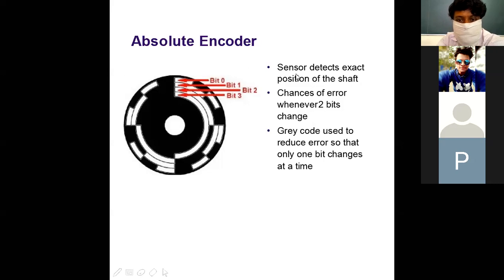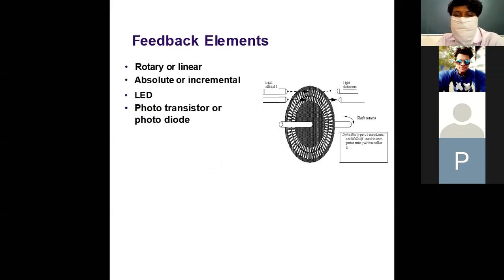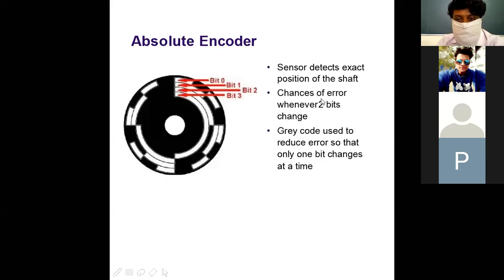Whenever we go, the light passes through this. What will happen in this earlier case? The light was detected by the detectors. Okay, so the feedback loop has been completed. So there are chances of errors wherever two bits change.